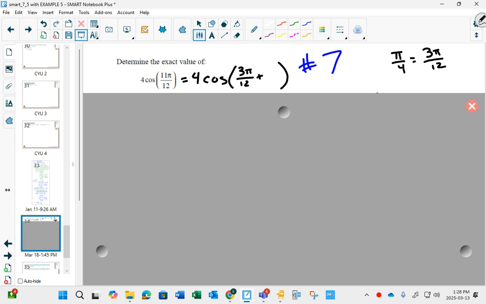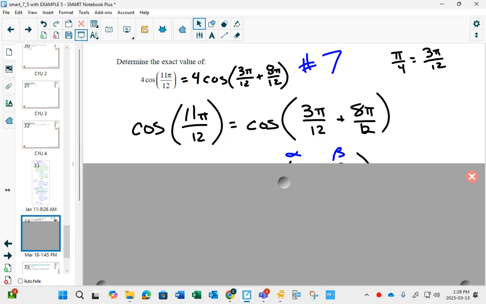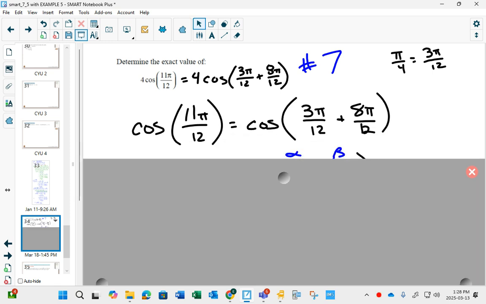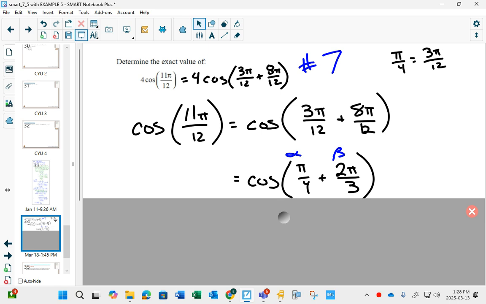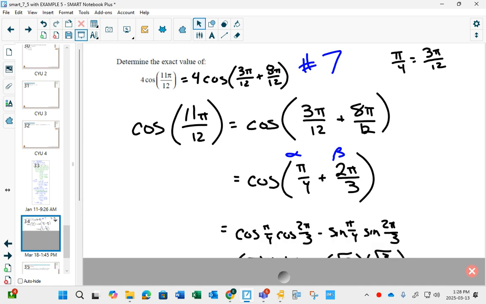You would have to add 8 pi over 12. And actually in my work here, I temporarily ignored the 4. I'm going to deal with it in the end. Just going to look at the cos. 3 pi over 12 plus 8 pi over 12. That reduces nicely. That's my alpha, that's my beta. Plug it into your formula.